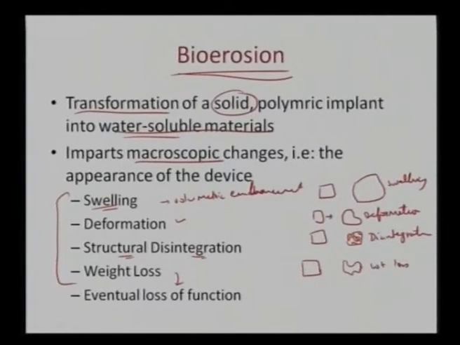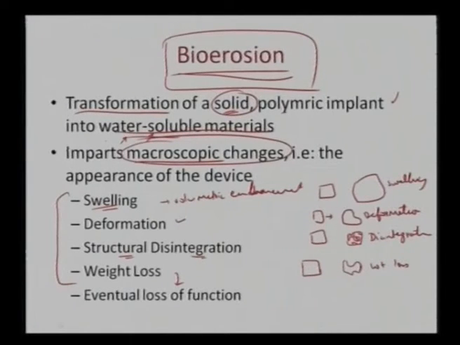So in the case of bioerosion, we see that there is a transformation of a solid. The polymer has to be a solid, and only then can it get bioeroded. So it is a solid polymeric implant. It was initially water insoluble, and after bioerosion it becomes fragmented into certain molecules or certain polymeric chains which become water soluble, and that imparts certain macroscopic changes.